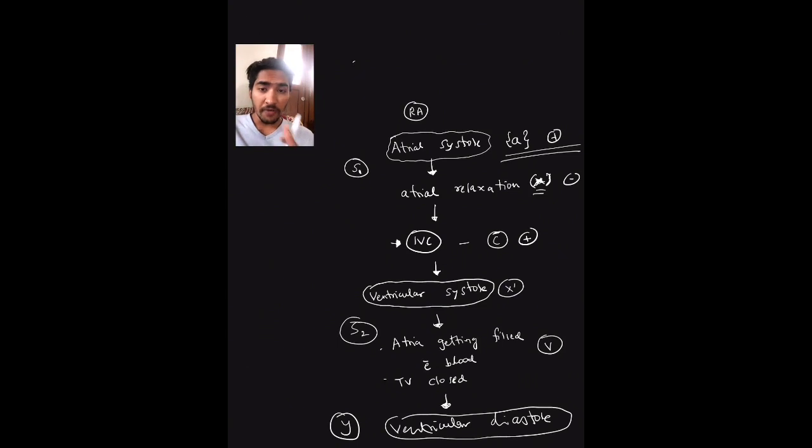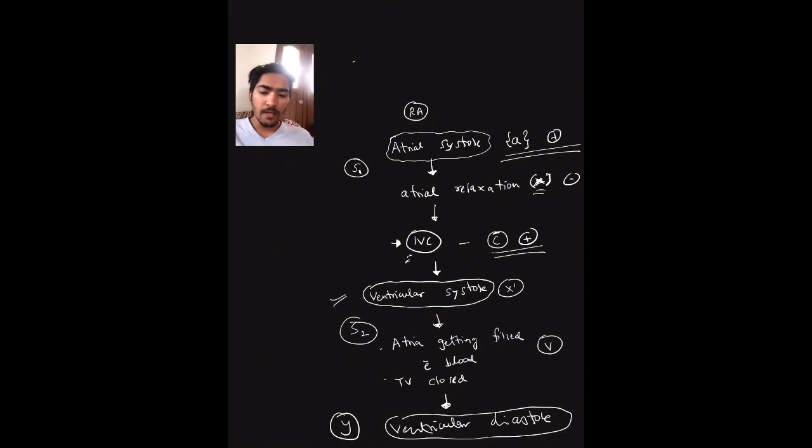Now the ventricular contraction phase starts, with isovolumetric contraction. That means ventricles are contracting against closed valves. The volume is not changing, only the pressure is changing. In this phase you can see there is a tricuspid valve bulge, and this causes your C wave. C wave means tricuspid valve bulge, remember this point.